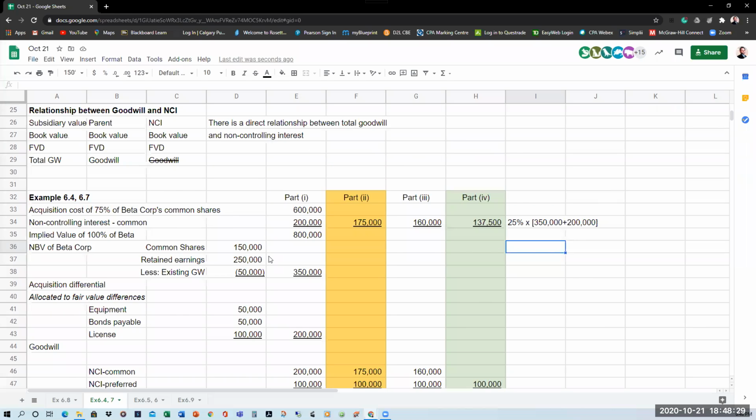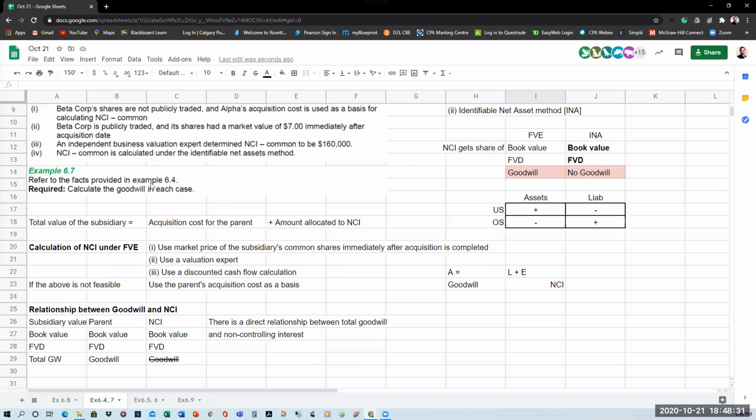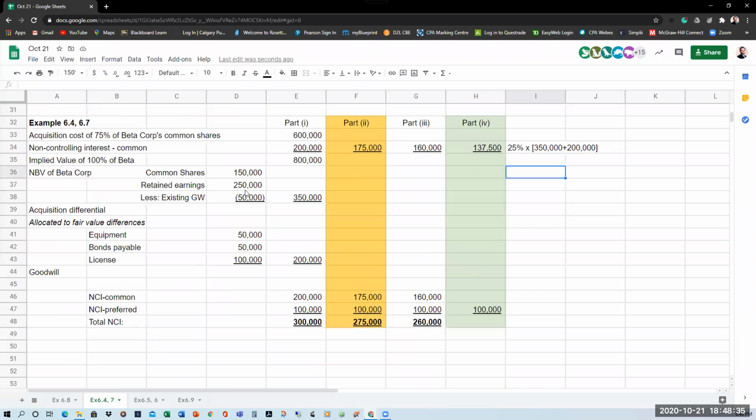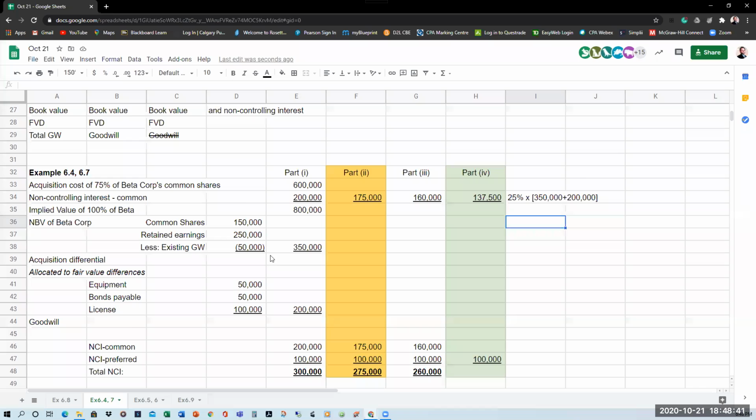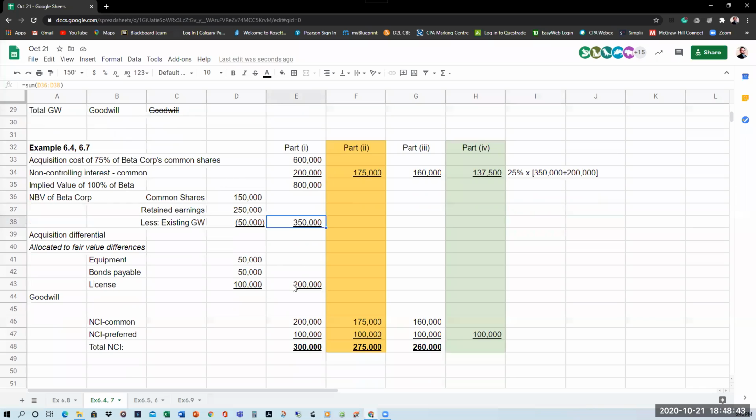I'm just thinking because I have to calculate goodwill anyways as part of example 6.7. So doing this actually helps me complete example 6.7 as well. And it also helps me get the book value and the fair value differences that I needed for the NCI under identifiable net asset.